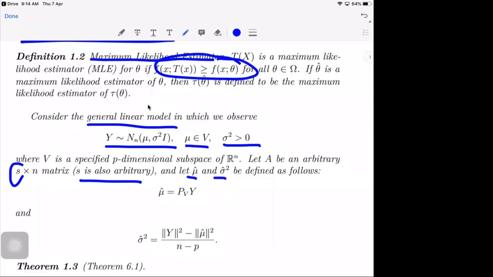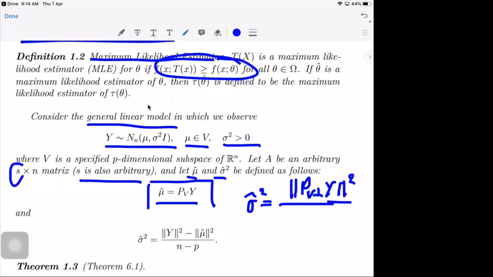And mu hat and sigma hat squared are as defined earlier in chapter 1. The mu hat is the projection of Y onto V, and sigma hat squared is the squared norm of the projection of Y onto V perp over N minus P. But you can always write the squared norm of the projection of Y onto V perp as the difference of the squared norm of Y minus the squared norm of mu hat.